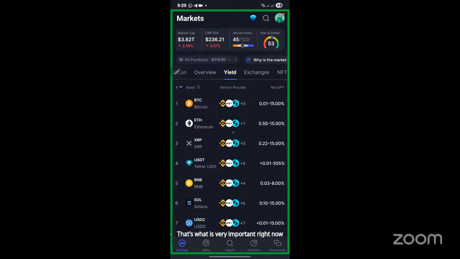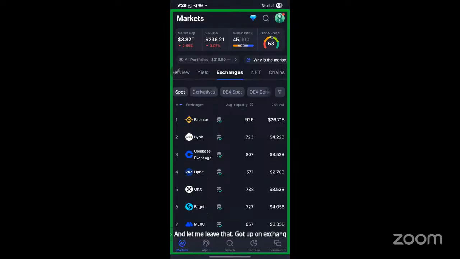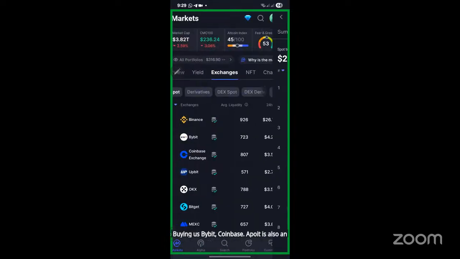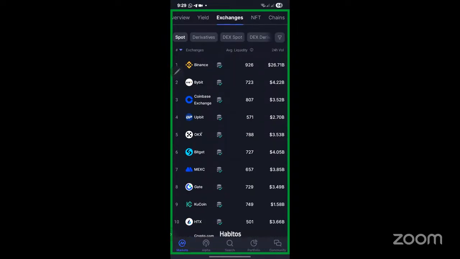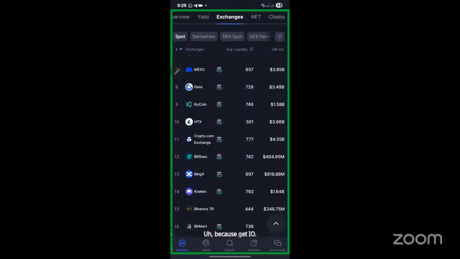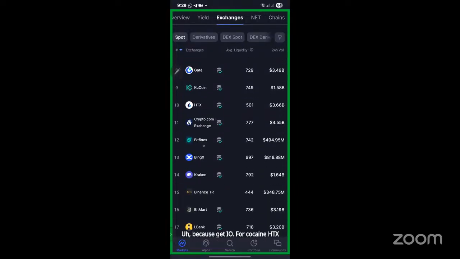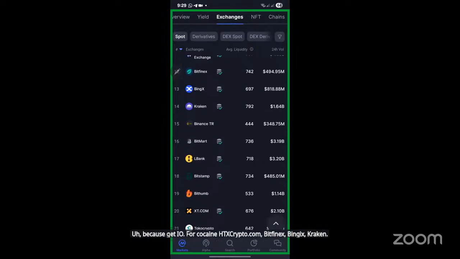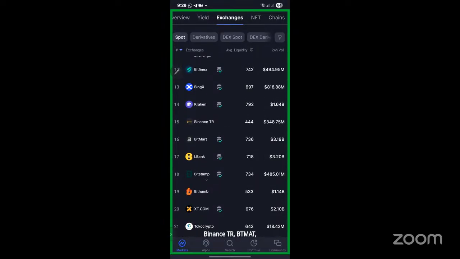Tap on the yield, and let me leave that. You can tap on exchanges. Now, if you only know Binance, Bybit, Coinbase, Upbit is also an exchange. We also have OKX, BitGet, MEXC, Gate.io, HTX, Crypto.com, Bitfinex, BingX, Kraken, Binance TR, Bitmart, Bitstamp, Bithumb, XT.com.